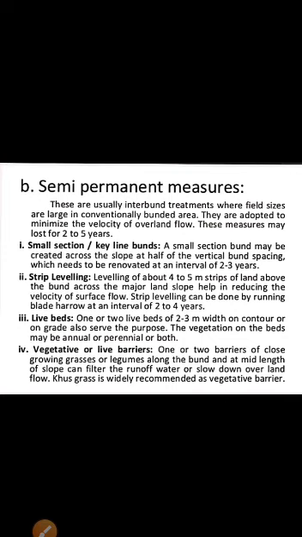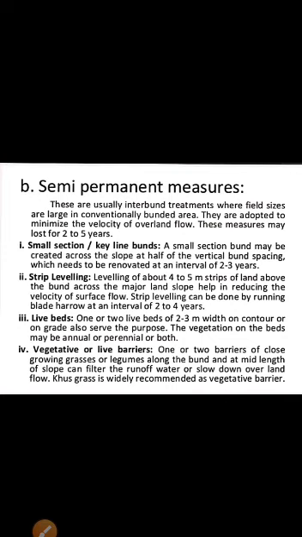Now the third thing, live beds. One or two live beds of 2 to 3 meter width on contour or on grade also serve the purpose. The vegetation on the beds may be annual or perennial or both. Fourth one is the vegetative or live barriers.